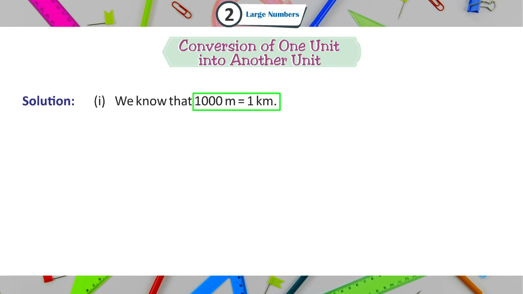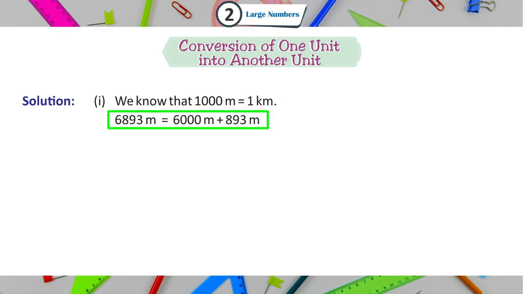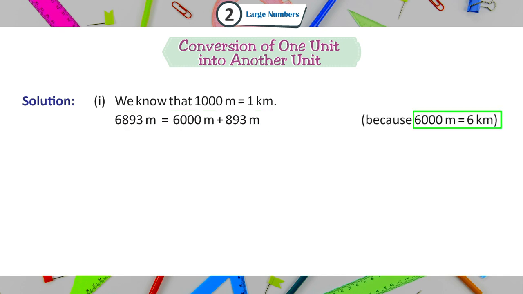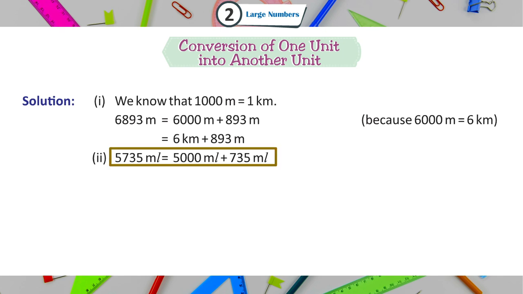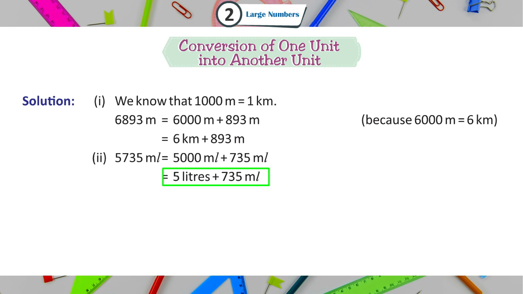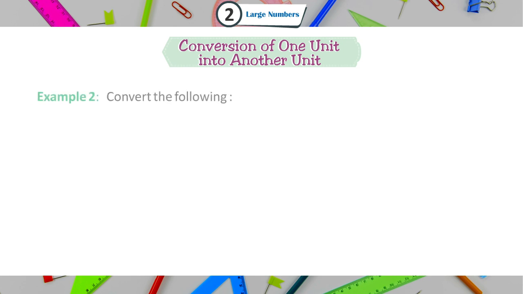We know that 1000 meters is equal to 1 kilometer. 6893 meters is equal to 6000 meters plus 893 meters, which is 6 kilometers plus 893 meters, because 6000 meters is equal to 6 kilometers. 2. 5735 milliliters is equal to 5000 milliliters plus 735 milliliters, which is 5 liters plus 735 milliliters, because 5000 milliliters is equal to 5 liters.